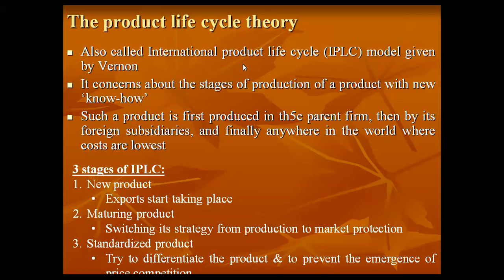So the maturity results in various ways. One is standard products, large scale production and economies, then low unit cost of production, and shifting manufacturing to developing countries. So what exactly happens during the maturity stage of a product?